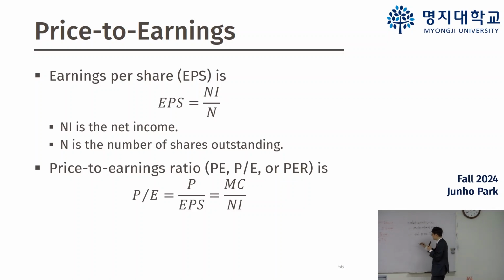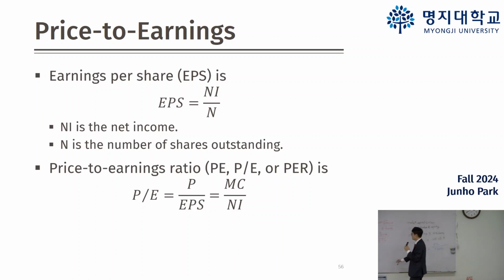For example, if the stock price is $10 per share, and if we have 1 million shares, then the market capitalization should be $1 billion. And this represents the market value of equity. And then you can see that by reversing this, the stock price is the same as the market capitalization divided by the number of shares.